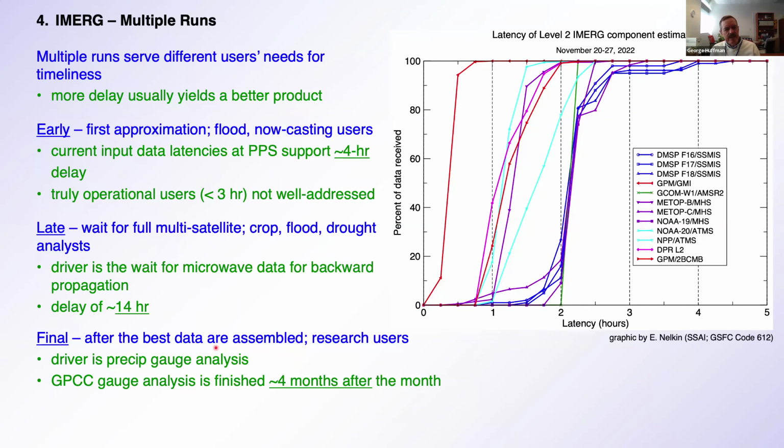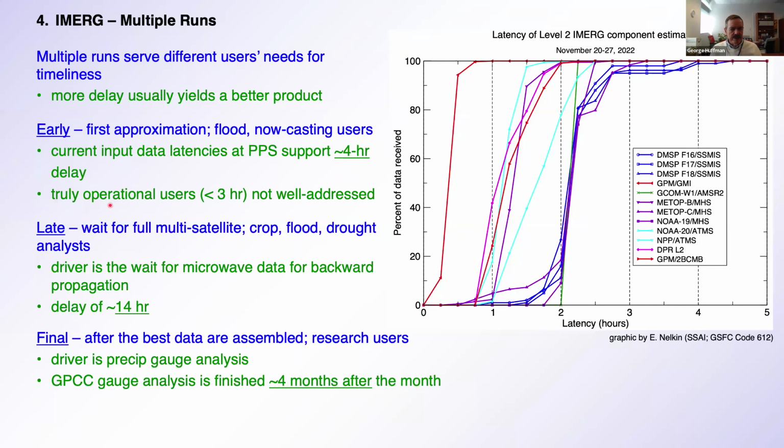Okay, so now we get down to the latency. We knew this before, and so when we designed IMERG, we decided to produce 3 what we call runs: early, late, and final. The idea is that the early is a first approximation for people that need the data pretty fast. Right now it comes out at about 4 hours.